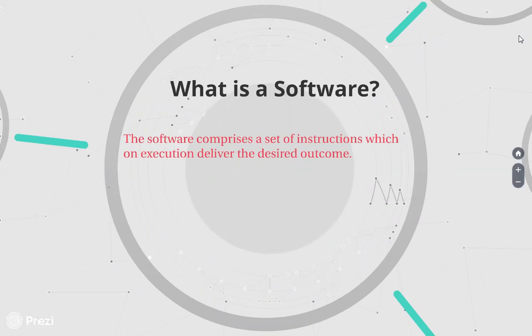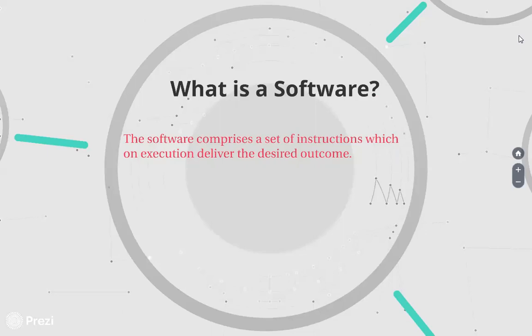Software are the set of programs which on execution deliver the desired outcome. Software cannot be touched or felt. They are inside the hardware, but they play a very important part as they govern the hardware.